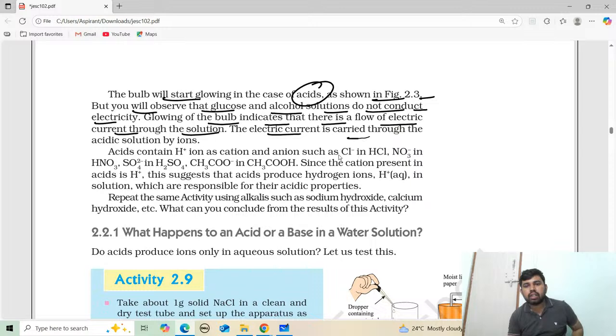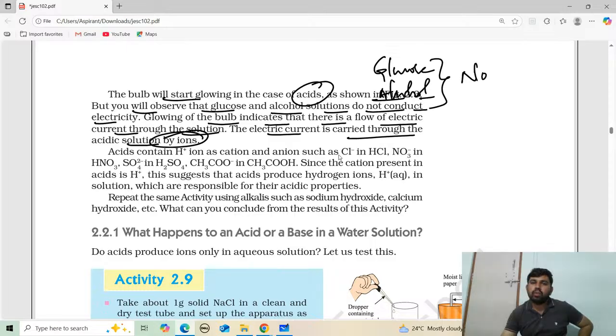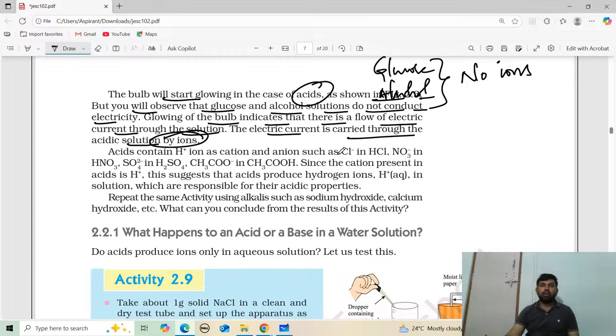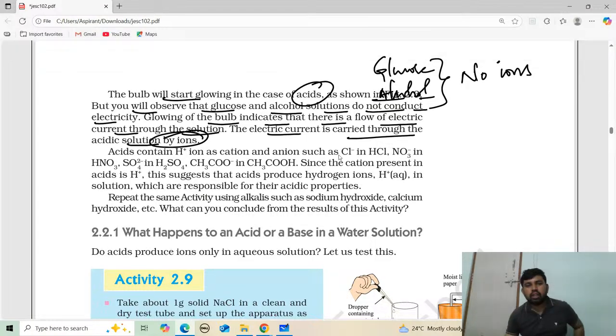The electric current is carried through the acidic solutions by ions. So in case of acids, ions are produced. In case of glucose and alcohol, what happens, sir? No ions. That's why even though there may be hydrogen in their formula, they are not called acids, because they do not produce H plus ions.